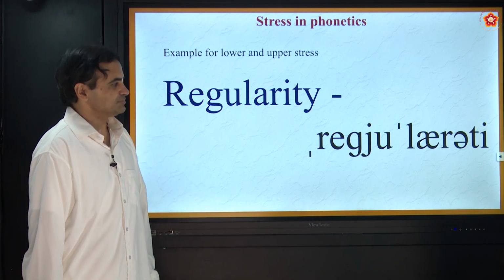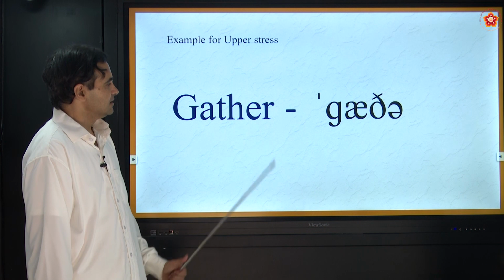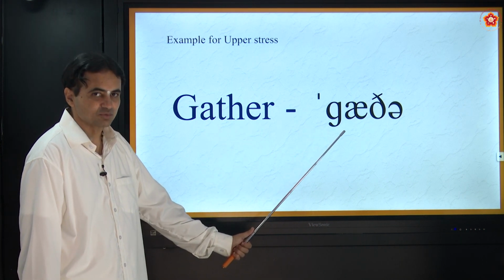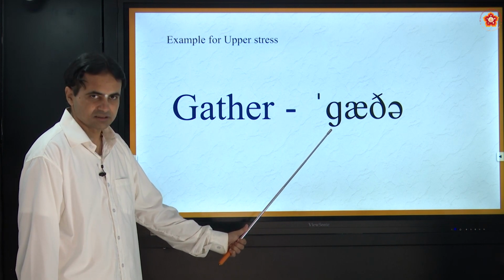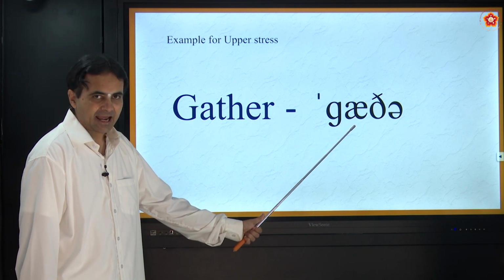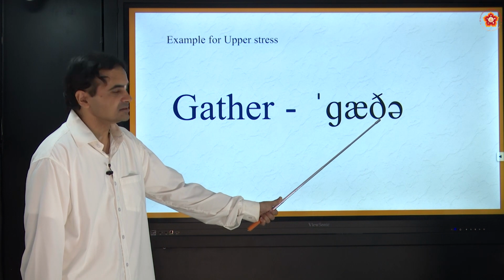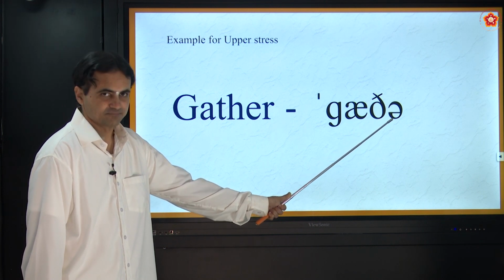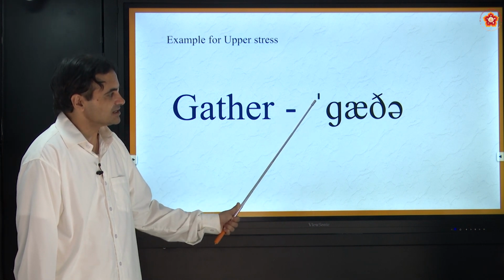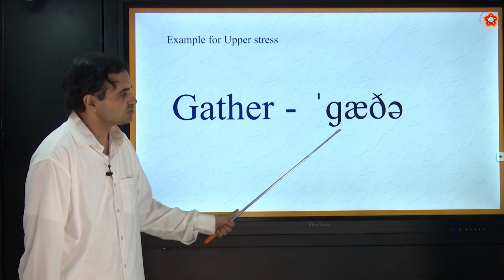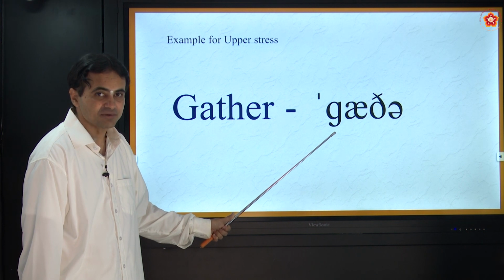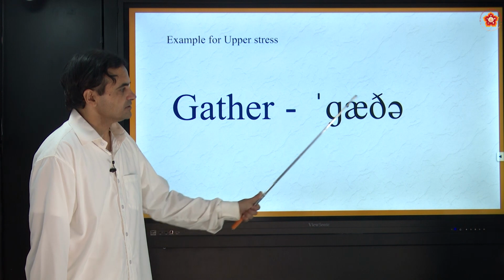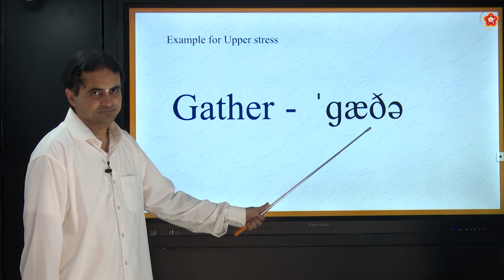Let's see a few more examples. Gather. What is the pronunciation of this word? This is g, a. So this is ga, and this is the. You all know this, and there is an upper stress here on the first syllable. So the ga syllable should be pronounced strongly. Gather.